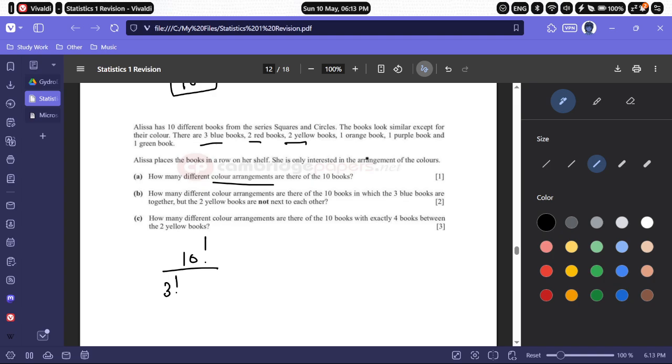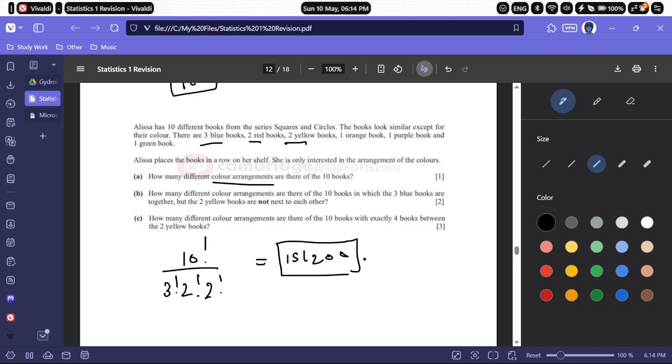So then you have upon 2 factorial, 2 factorial. So that's 1 mark. 2 into 2 into 6, and that gives you 151,200.